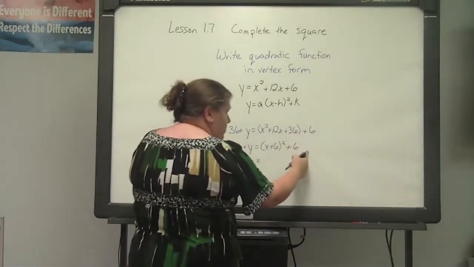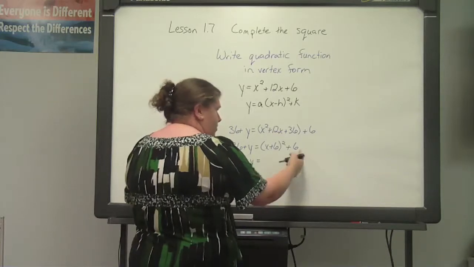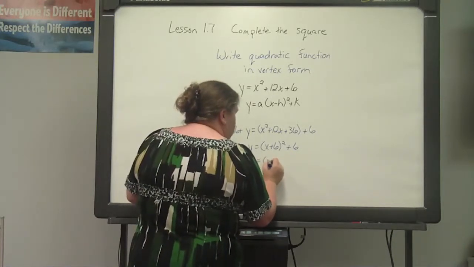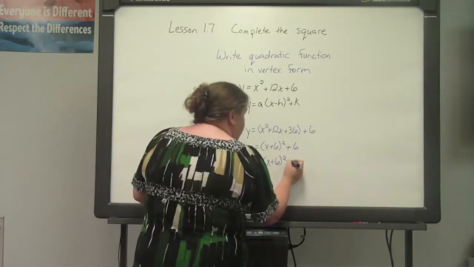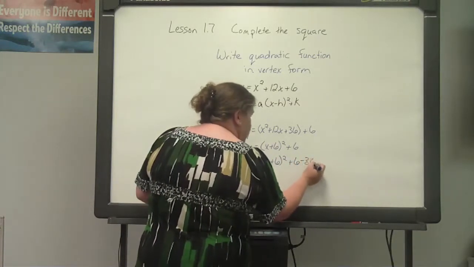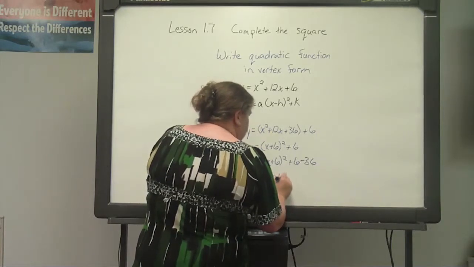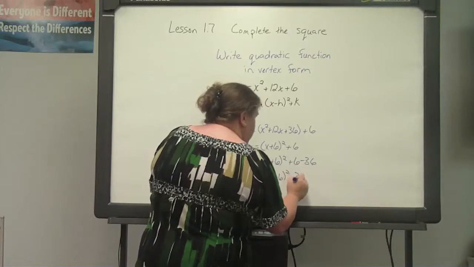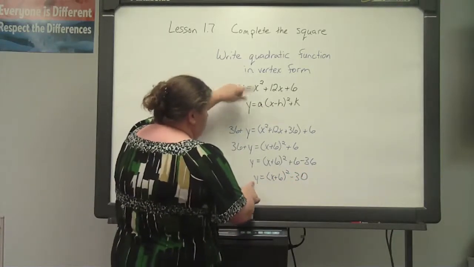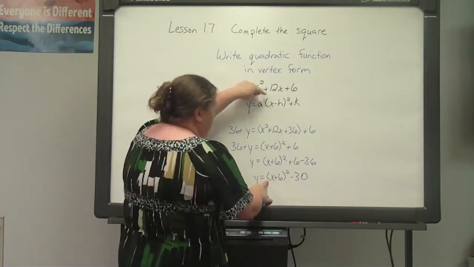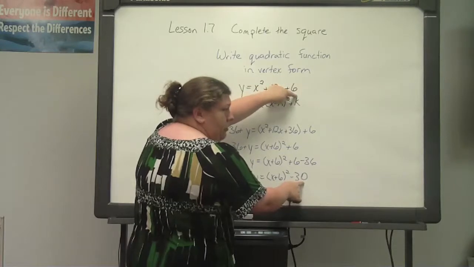So when I move it to the other side of the equal sign, I have to subtract 36. So x plus 6 squared plus 6 minus 36, which is going to give us x plus 6 squared minus 30. Now I can see I have my y, I have my understood a, I have my x, I have my h, and I have my k.